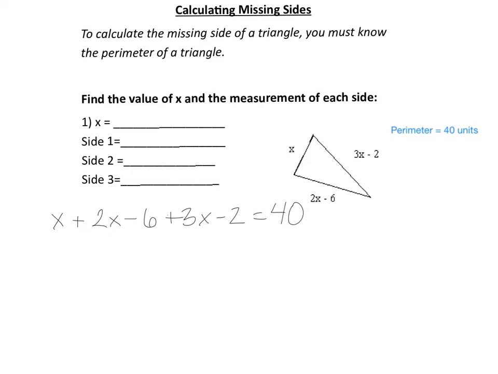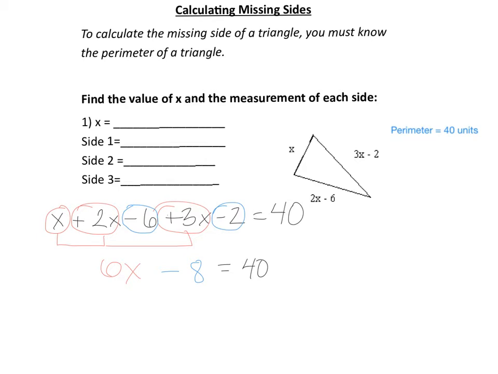Let's combine like terms. 1x plus 2x plus 3x is going to be 6x. And then negative 6 minus 2 is going to be minus 8. And it has to equal our perimeter of 40.